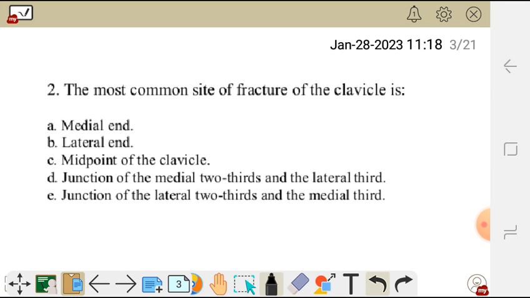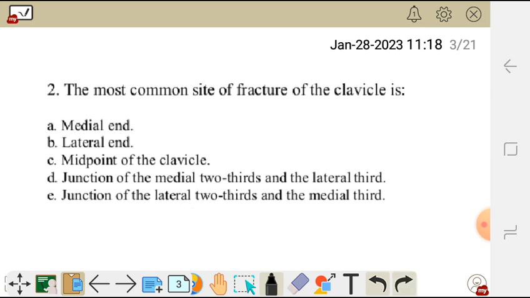Question 2 reads, the most common site of fracture of the clavicle is: A, medial end, B, lateral end, C, midpoint of the clavicle, D, junction of the medial 2/3 and the lateral third, and E, junction of the lateral 2/3 and the medial third.